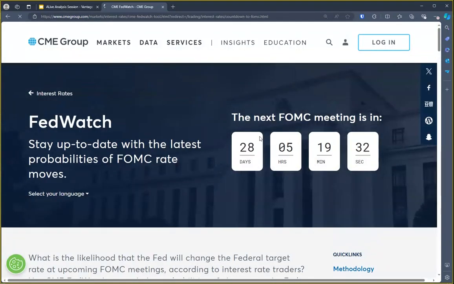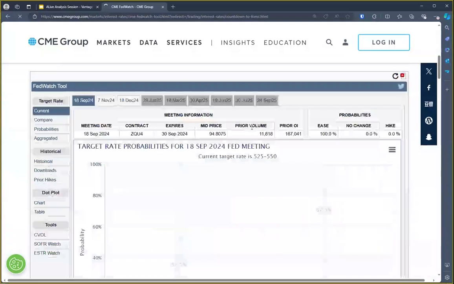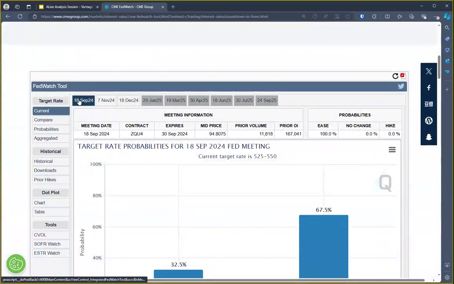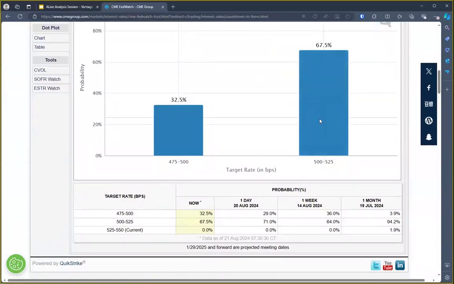So the next FOMC meeting, where they are going to change the rates, it's 28 days away, which probably is 18th of September. Okay. Ooh, so it's 67.5%. Okay, so interestingly, yesterday, 20th of August, it was at 71%, and now it's at 67.5%.